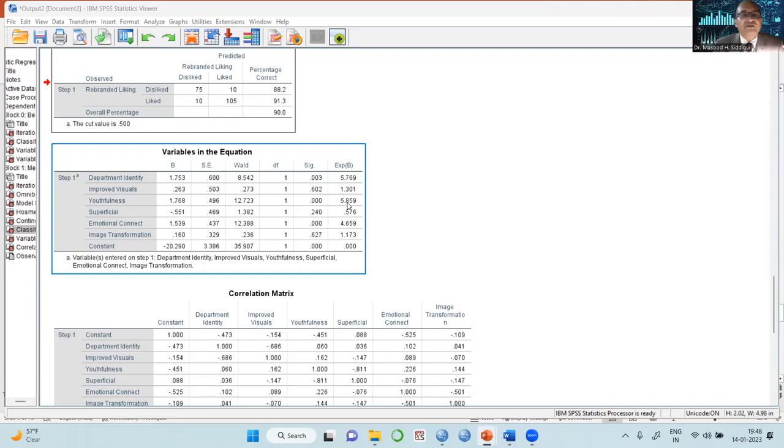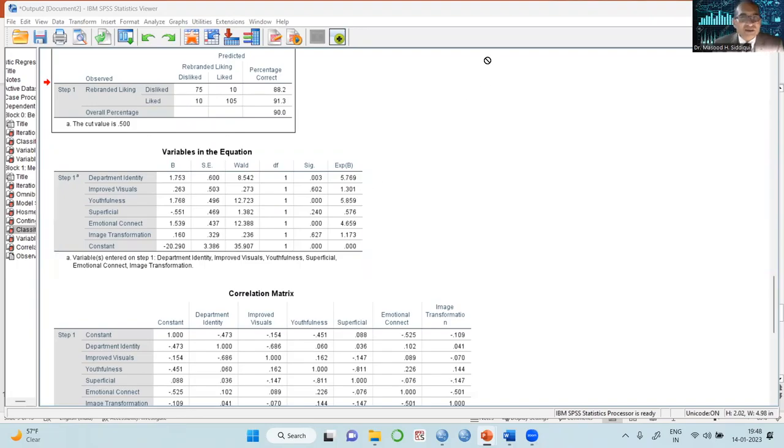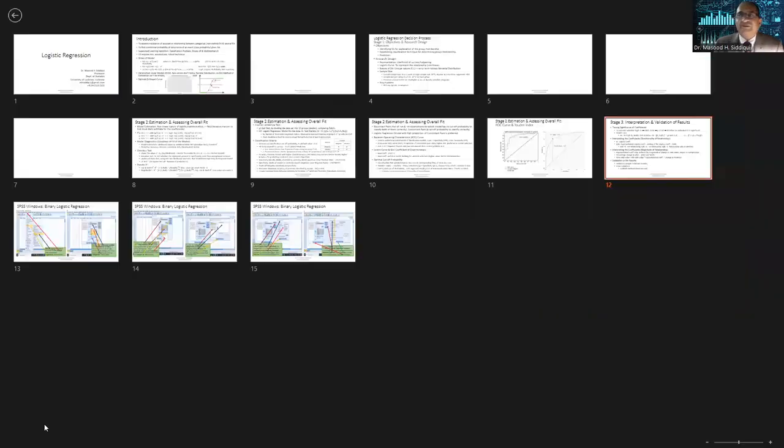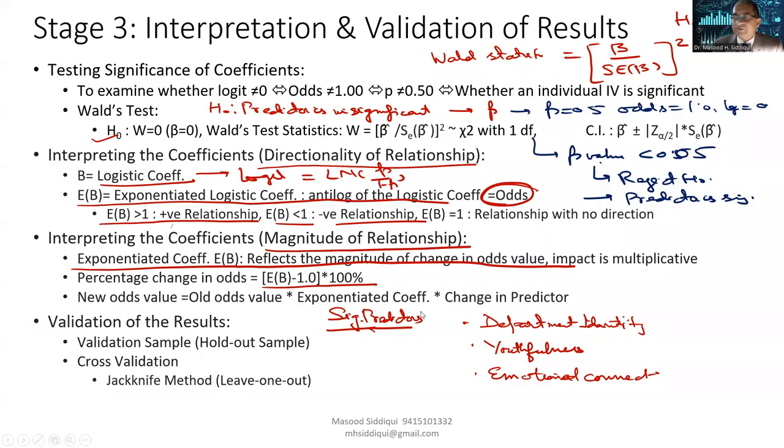And at the third place, we have emotional connect. So let me write the values.